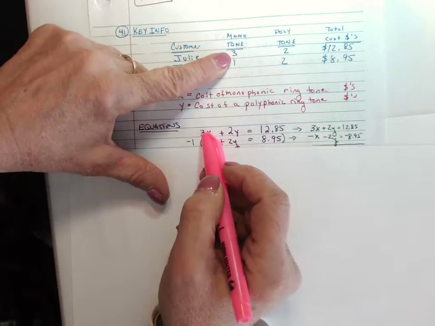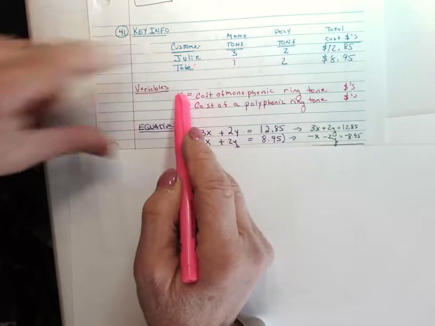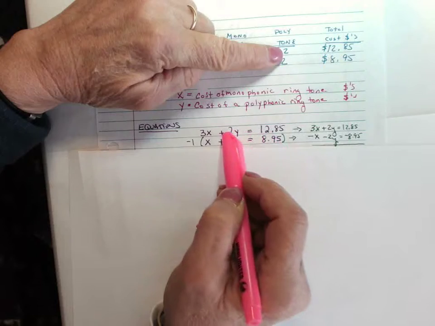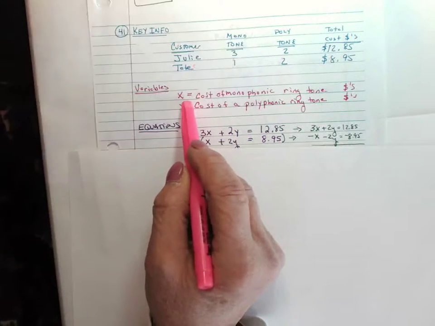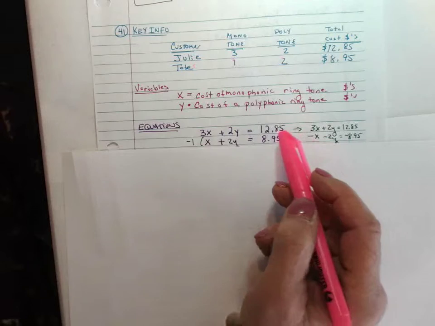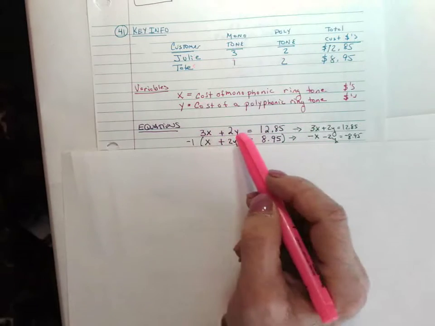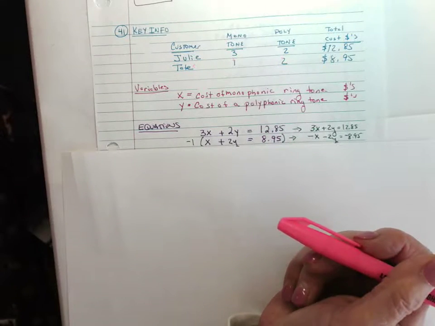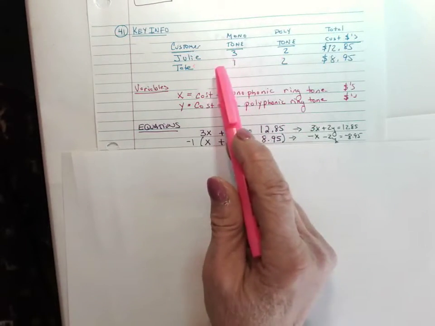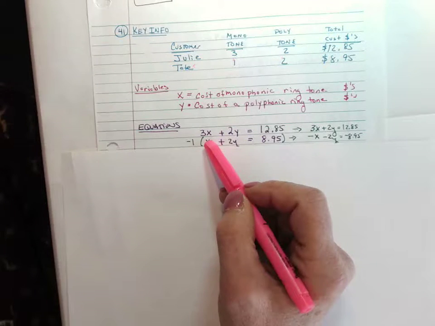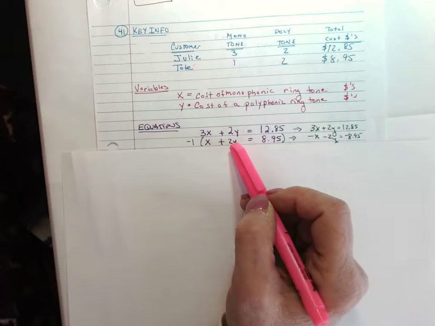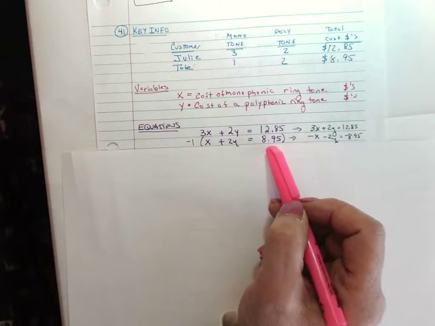Julie bought 3 ringtones, and we don't know how much they cost, so it's 3 times X, and 2 polytones, and we don't know how much that was, which is Y. So the first equation is 3X plus 2Y equals $12.85. The second equation is for Nate. He bought 1 monotone and he bought 2 polytones and he spent $8.95.